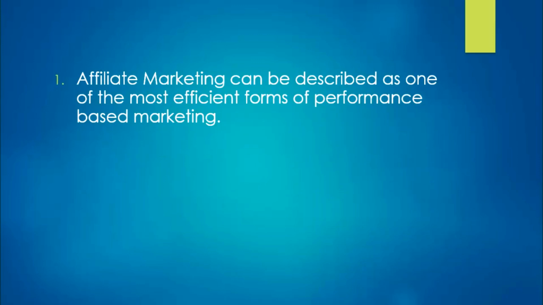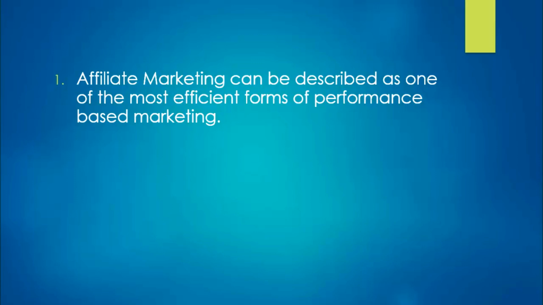So first of all, affiliate marketing can be described as one of the most efficient forms of performance-based marketing. You probably already know that in the modern economy, performance-based marketing is getting more traction than ever. Why? Because it's more efficient for companies, for businesses, and for everyone else.